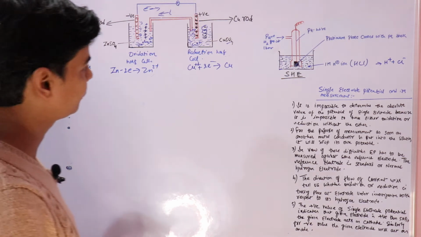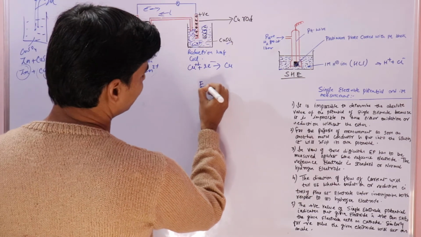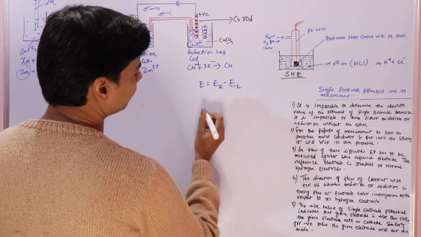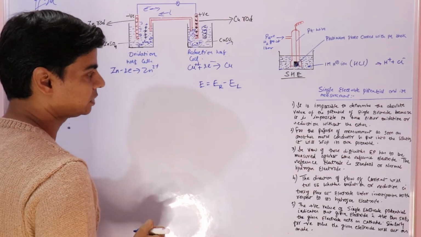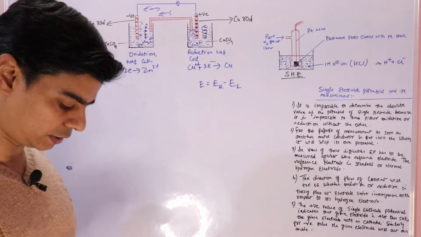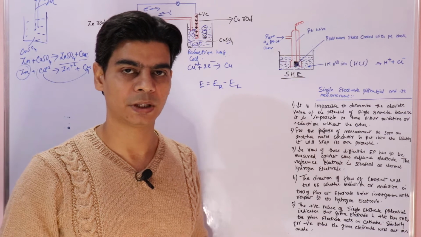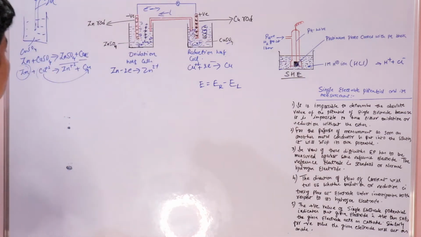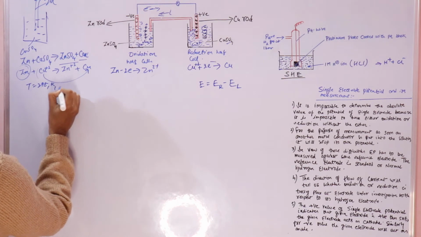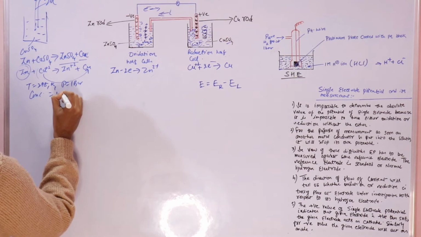So if we look at the formula of EMF of the cell, it was ER minus EL, standard reduction potential. And whatever calculations or discussion we are doing for electrode potential here, we are doing this under standard conditions. By standard conditions we mean temperature 298 Kelvin, pressure 1 bar and concentration 1 molar.